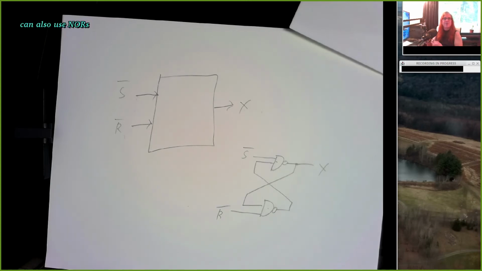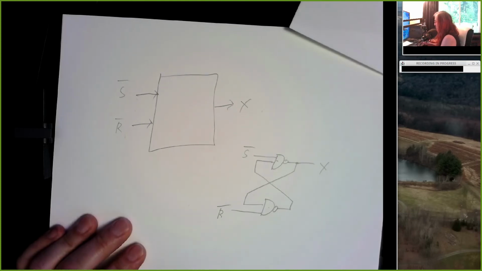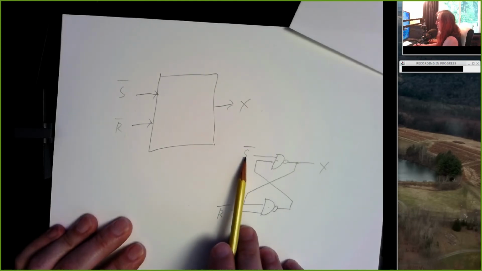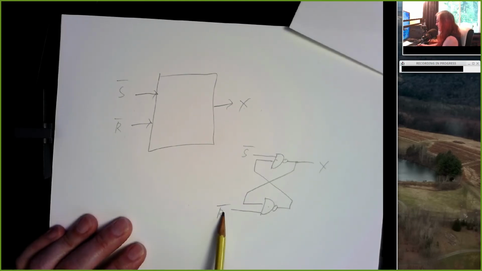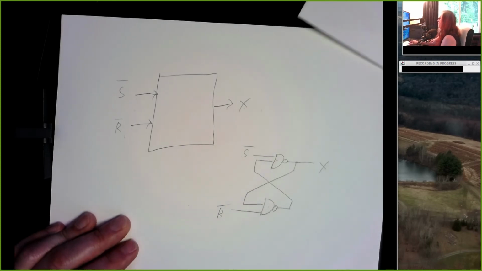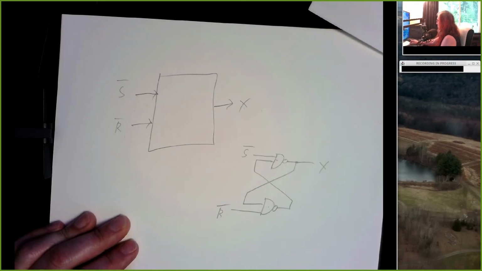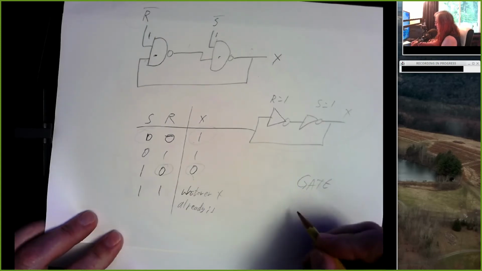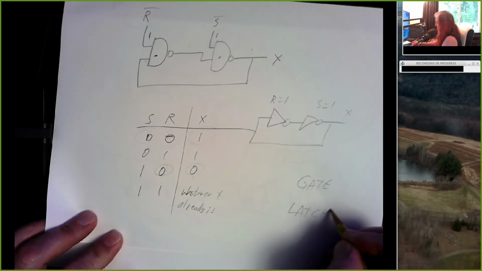We can also use NOR gates. And the logic changes. We'll end up with, if we set this to a 1, the output will get set. If we set that to a 1, the output will get reset. So that's a gate, or sometimes it's called a latch.